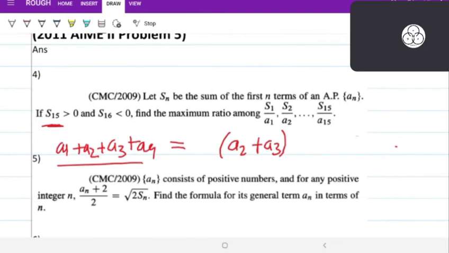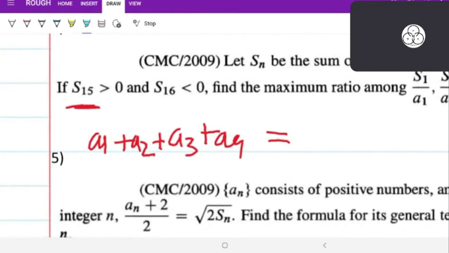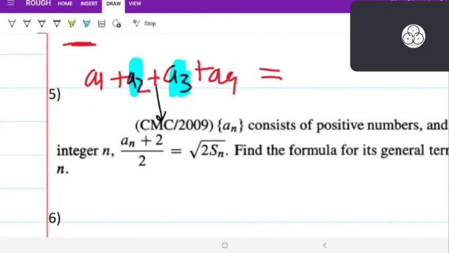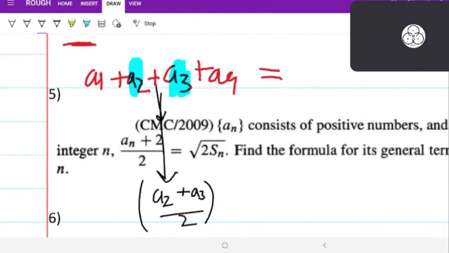How are we considering the AM? Anybody knows? The AM of A1, A2, A3, A4 will lie between A2 and A3, equally inclined. So the AM will be A2 plus A3 by 2.